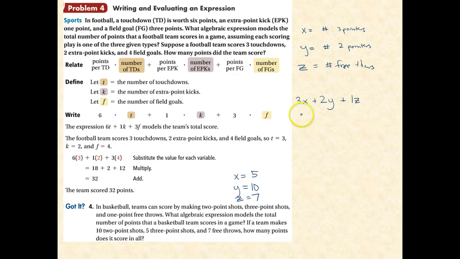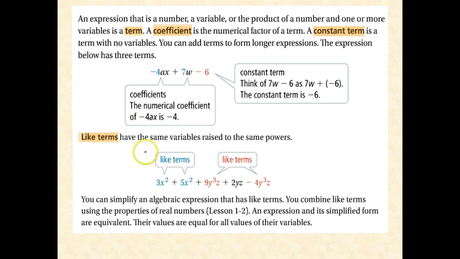So I'm going to substitute those in to evaluate. 3 times 5 plus 2 times 10 plus 1 times 7. And I'll multiply. 3 times 5 is 15. 2 times 10 is 20. 1 times 7 is 7. Then I add those together, and the team got 42 points.